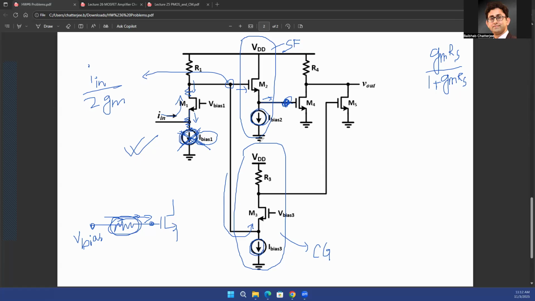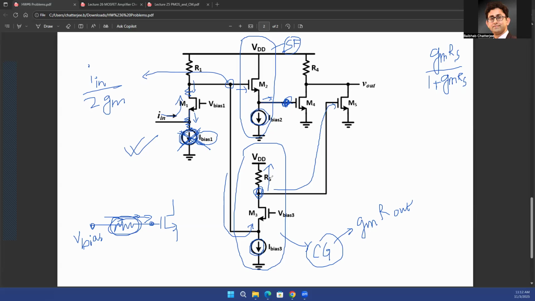All right. So again, consider the source follower and the gain of the source follower, consider the common gate stage and the gain of that common gate stage. For the common gate, you'll get a gain of gm times R out. For this particular R out, which is at this node, you'll see the R3 resistance, and you'll see another path, which is the gate of the N5 transistor, which is infinite resistance.